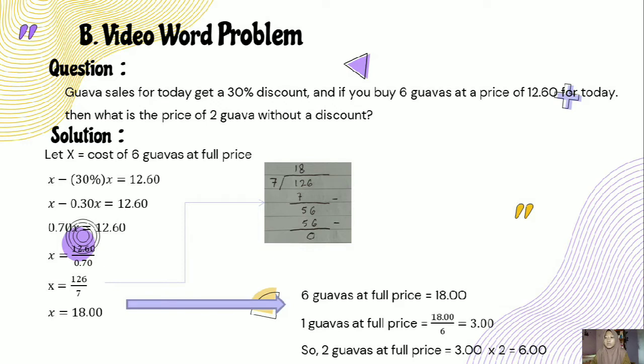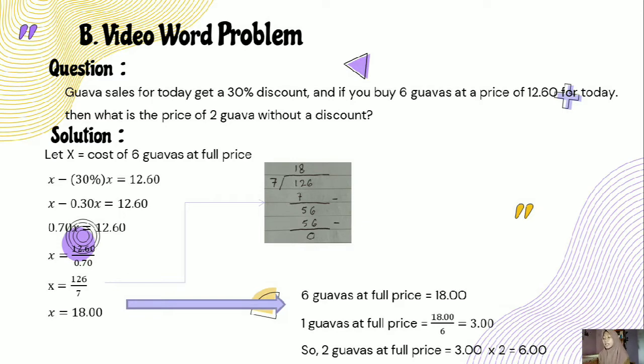So divide both sides by 0.70. So x equals 12.60 per 0.70. x equals 126 per 7. So x equals $18.